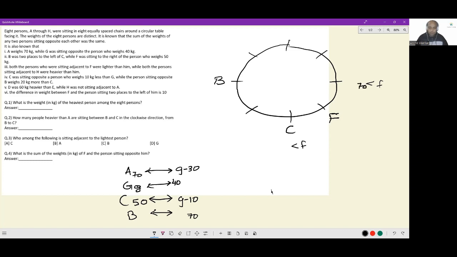Also, we know A weighs 70 kg, so this person here has to be A. C is of course 50. And B is opposite A, so B's weight is G minus 30. Okay.